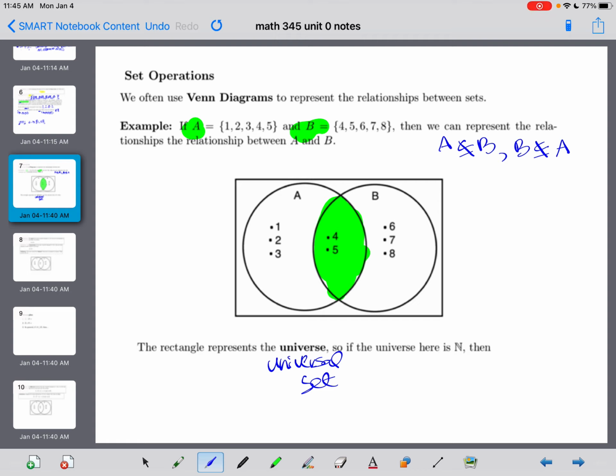So if our universal set is N, the set of natural numbers, then out here in the box we have all of the natural numbers that are not in A or in B. So we would have 9 out here, we'd have 10 out here, we'd have 11 out here, etc. If your universal set was the integers, then we would also have a 0 out there, and a -1 and a -2, etc. So there's infinitely many elements that are out in that universal set box.